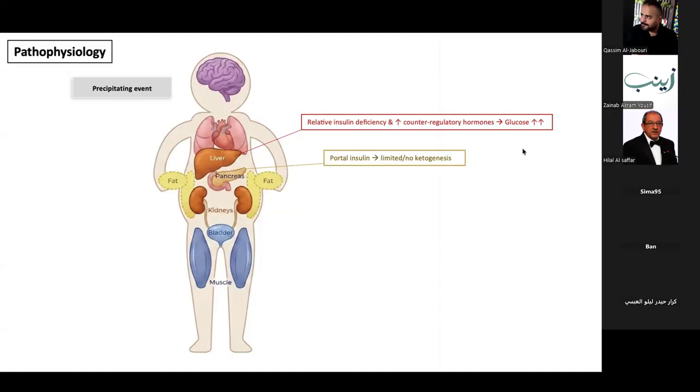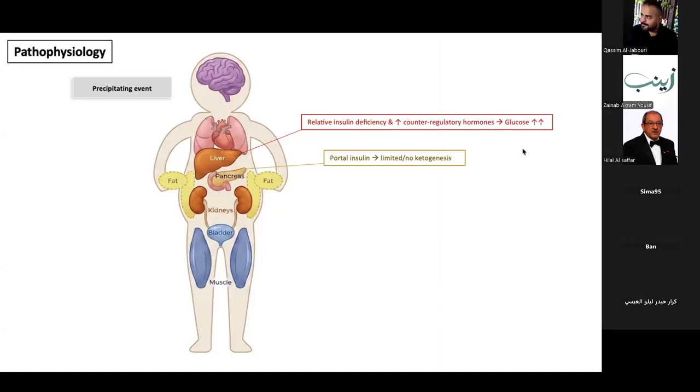When there is this precipitant, there is a stress that leads to an increase in counter-regulatory hormones we talked about in our last meeting, namely glucagon, cortisol, catecholamines, as well as growth hormone. And all of them jointly increase glucose production in order to produce the energy needed to meet the stress.